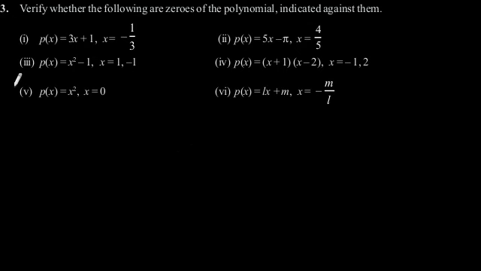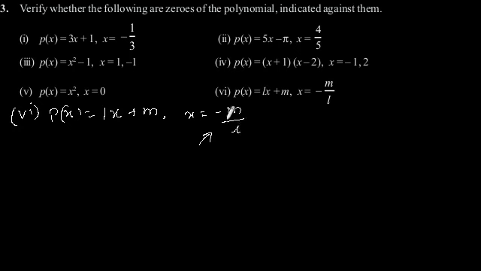Next is part 6th, that is p(x) is equal to lx plus m, x is equal to minus m by l. So again we need to check if x is equal to minus m by l is a zero of the given polynomial, that is lx plus m.